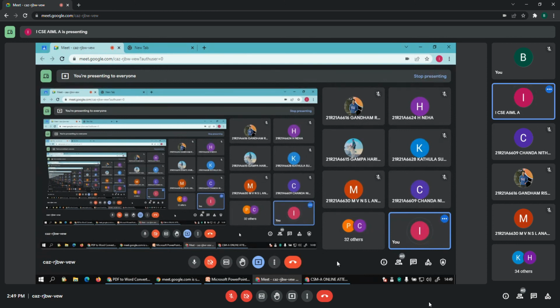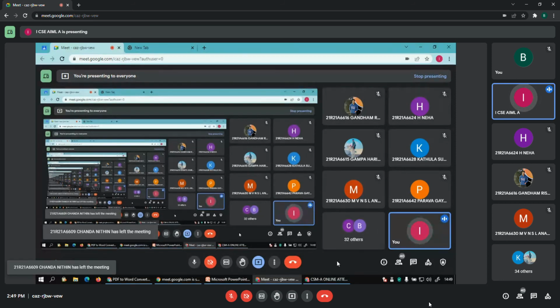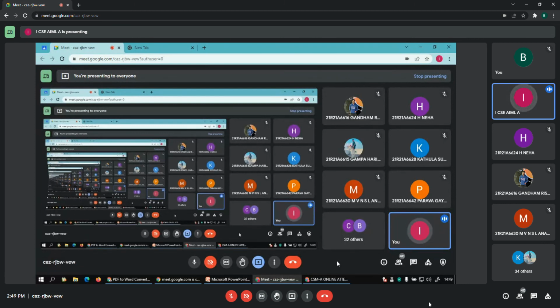Okay. Next, immediately after completion of these mid theory exams, you will have the lab internals. So be ready with your lab records. Complete your corrections. Whenever you are coming offline for these mid examinations, you bring your lab record and get it corrected by your faculty, all the experiments. Also ask your concerned faculty how many lab internal marks you got.